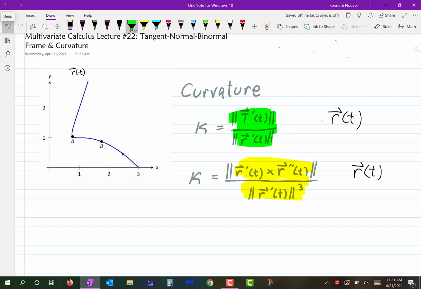Now there's a third formula that you could use that you might like even better. And that is this. If you're given r of t, and let's suppose, for the sake of argument, that you are told that that equals x of t comma y of t.